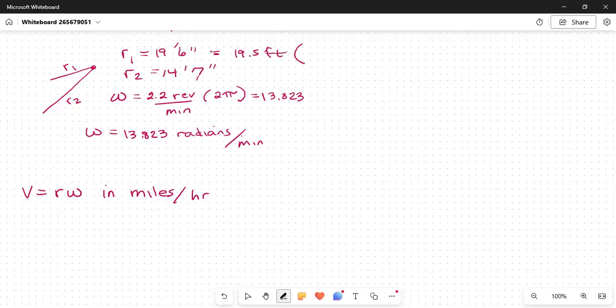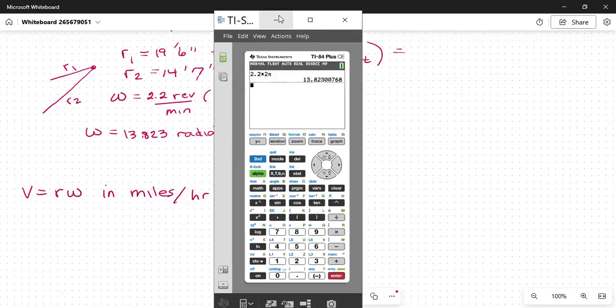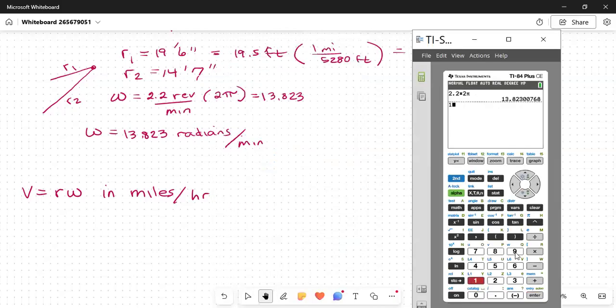We're going to multiply by 1 mile over 5,280 feet, because there's 5,280 feet in a mile. So 19.5 divided by 5,280 is equal to 0.00369.